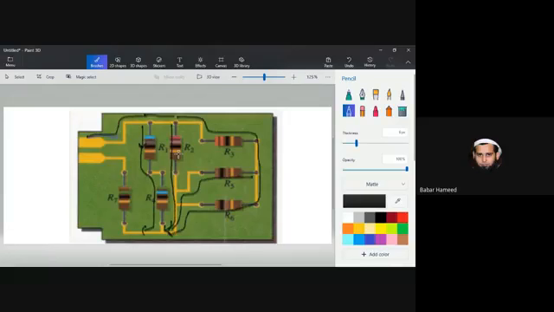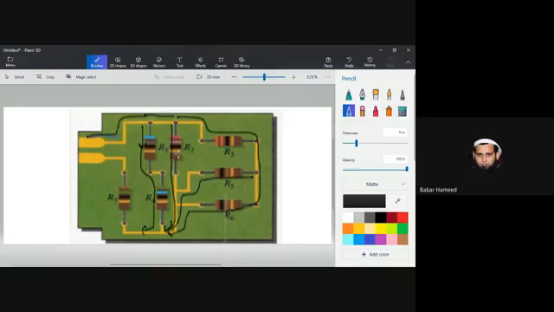The current is flowing here, and the parallel combination of R5 and R6 is in series with R3, that is parallel with the whole stuff.